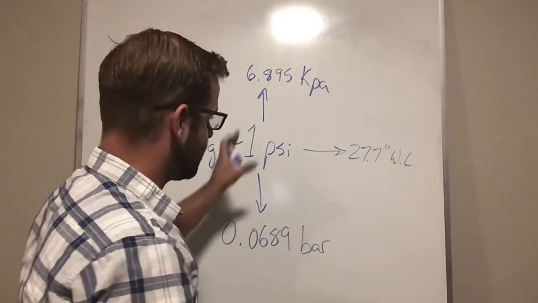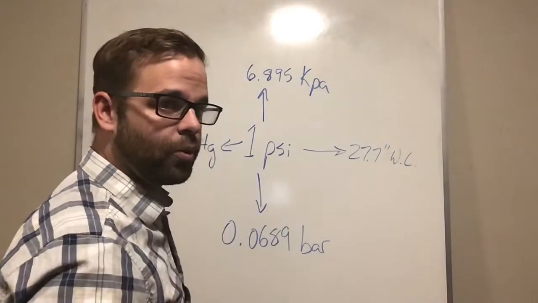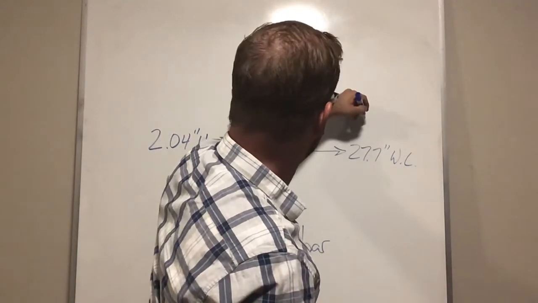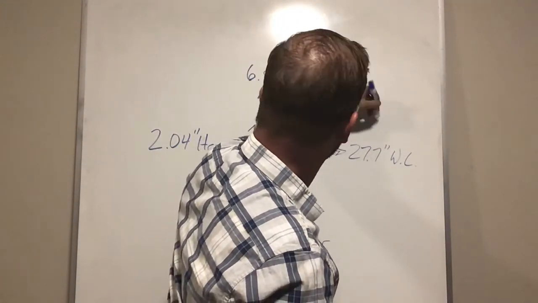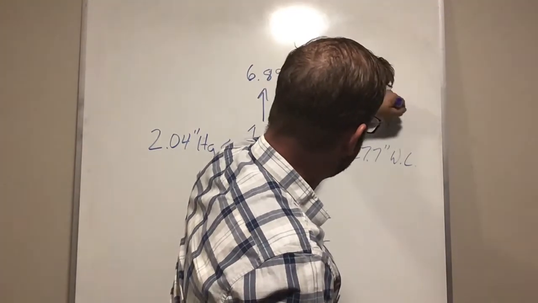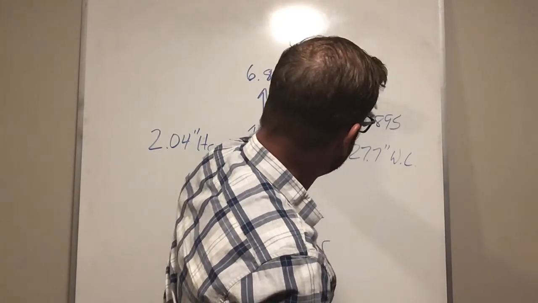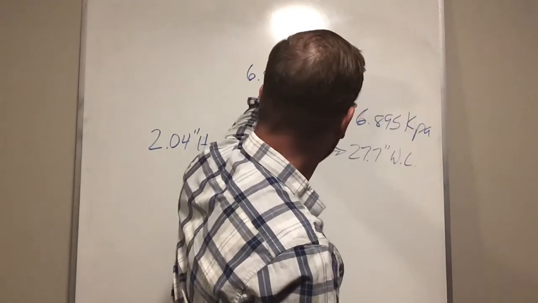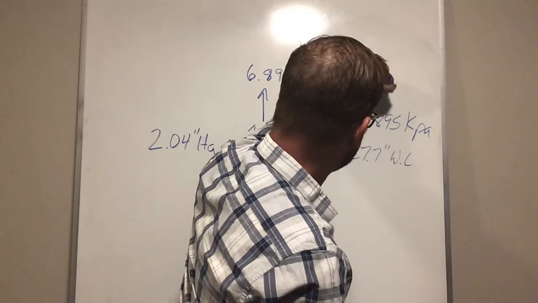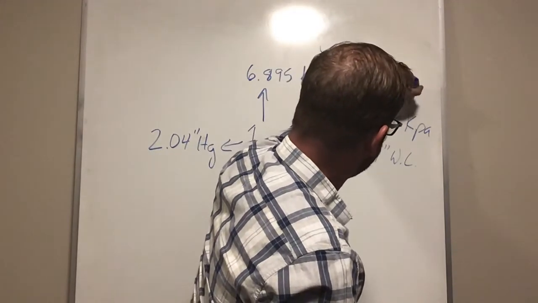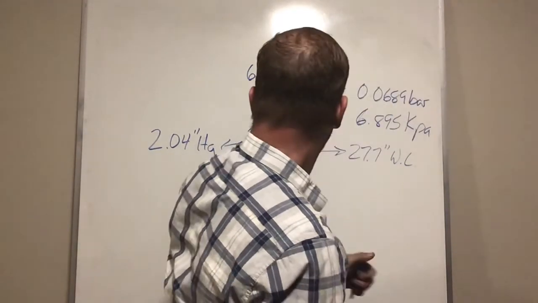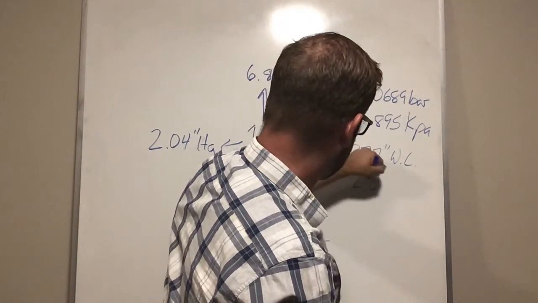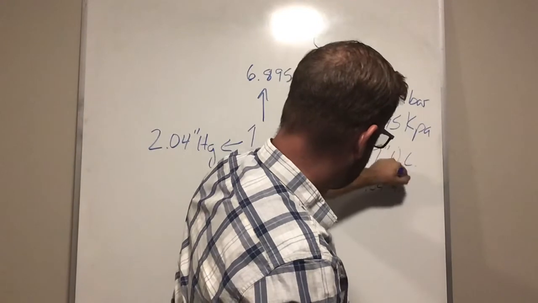but I'm going to erase the big board here. I'm just going to keep these values off to the side. So we have 6.895 kPa, 0.0689 bar, and we have 2.04 inches mercury.